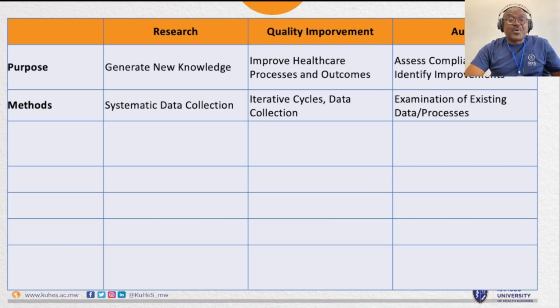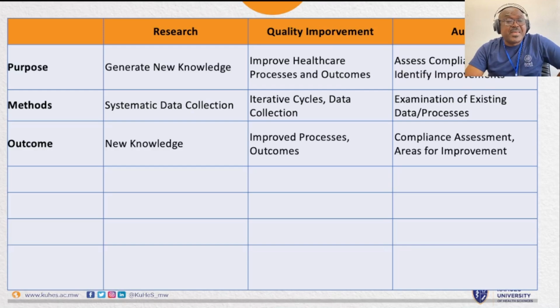For the audit, you examine the existing data, or the existing processes, how we are working. In the outcome, as I said, with research you get new knowledge, while with QI you improve the process and you improve the outcome.